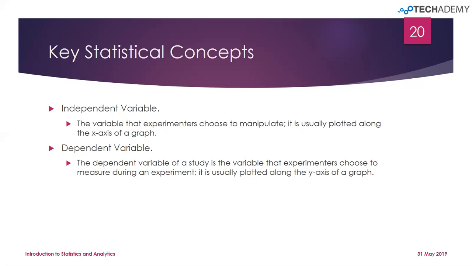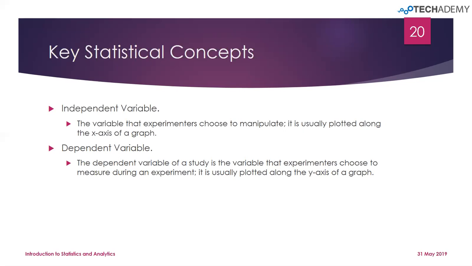Because in this case we want to calculate the weight based on the height, height is the independent variable. The value of the height can be anything in a particular range, but the weight is a dependent variable. Why?